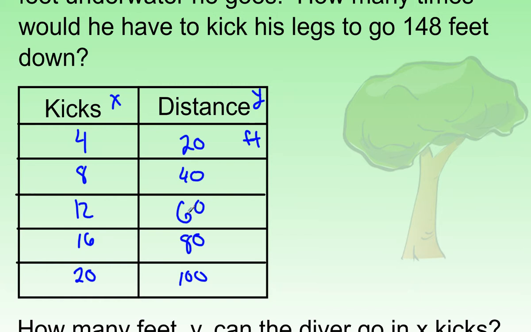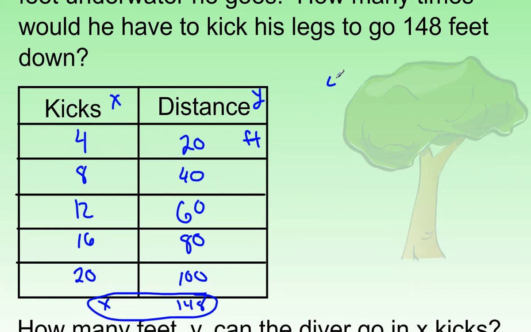And we want to know how many times you have to kick his legs to go 148. We don't know that. So this is kind of the relationship that we're trying to figure out when we use our proportions. Since these two measurements are constants, they have a constant relationship, they're proportional.